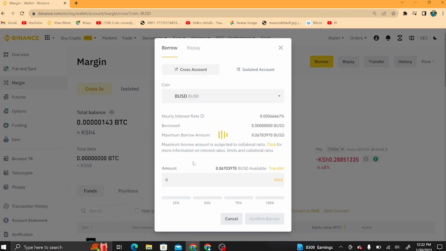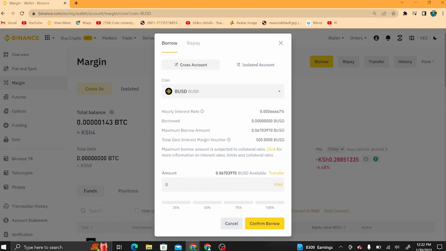As you can see right over here, there is the hourly interest, the amount of money you have to pay, the borrowed money, and the maximum borrowed amount. And that is what you can do here. It's very easy.